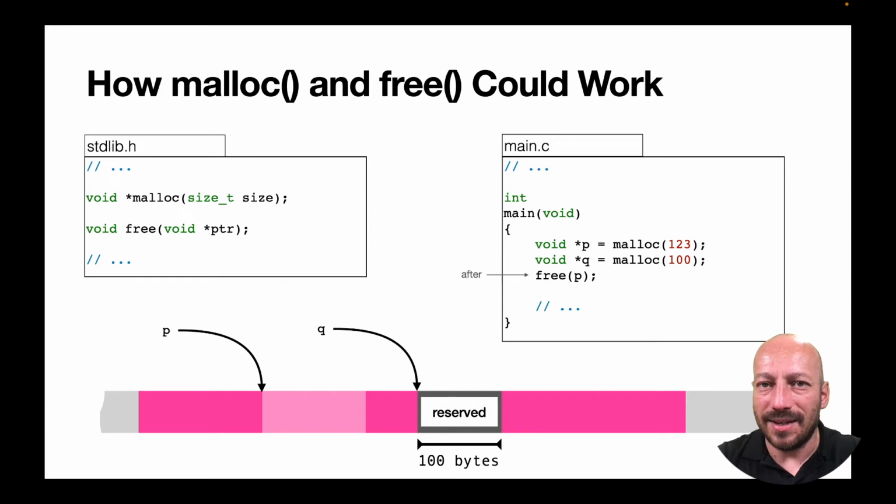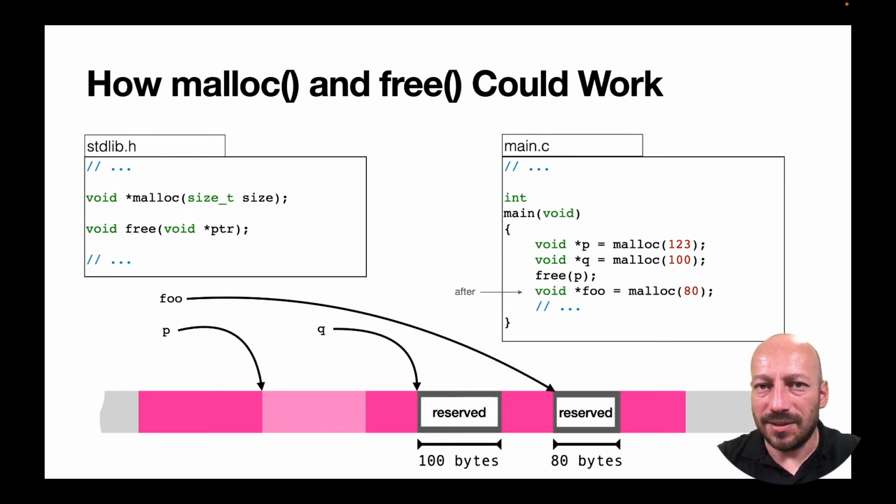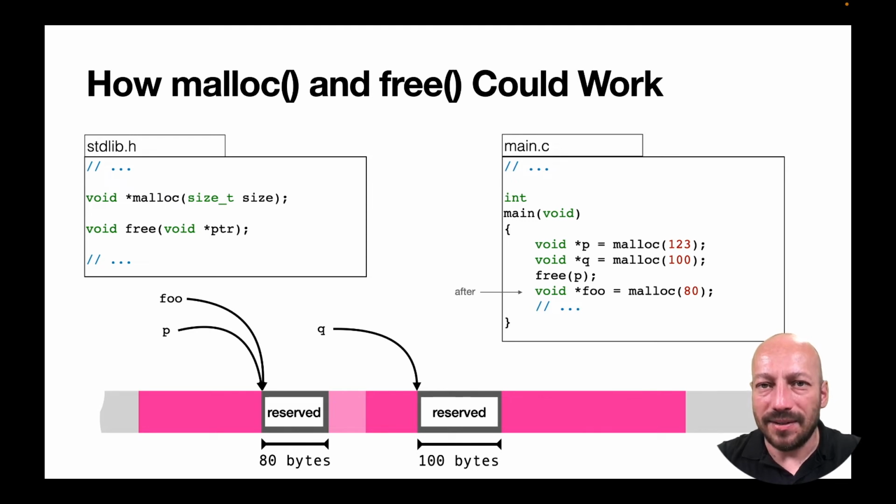If you have something like here, where you have a pointer which is not the null pointer, but also not pointing to reserved memory, the first case will be that this third malloc gives us back the address of a block that is not overlapping with any of these previous blocks. And the other scenario will be that this block actually is overlapping.